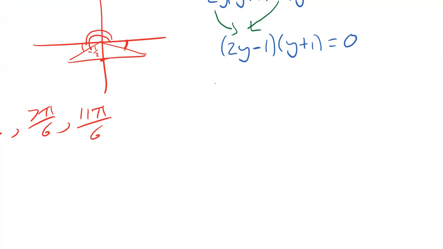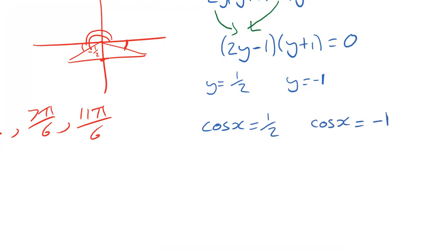So this tells me that y can equal a positive half, or y is equal to -1. That will make the bracket 0. Of course, we remember that y's are actually cosine x's. So in fact, what we have is cosine x equal to a half, and cosine x equal to -1.